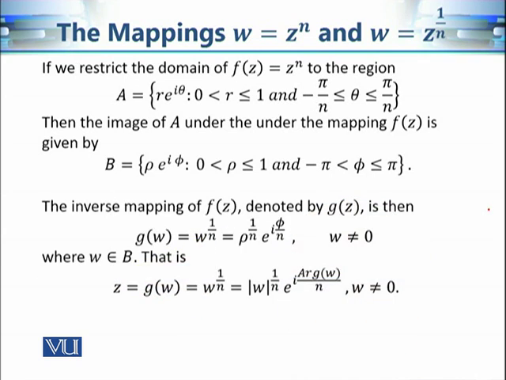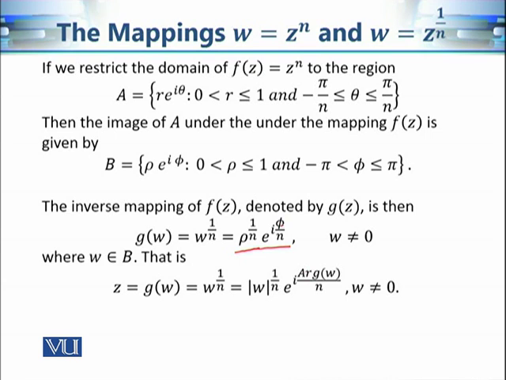Now we can talk about the inverse of this map. Similar to the calculations for z square, we can calculate that the inverse of this function is basically omega raised to power 1 over n, and of course we can easily calculate that this is equal to rho raised to power 1 over n and e raised to power iota phi over n.